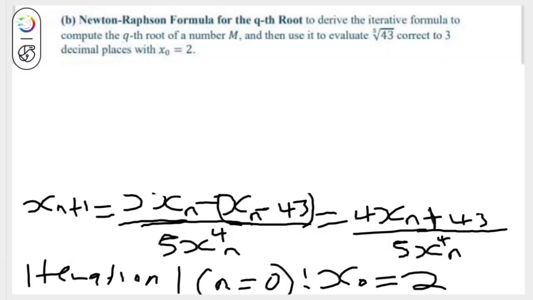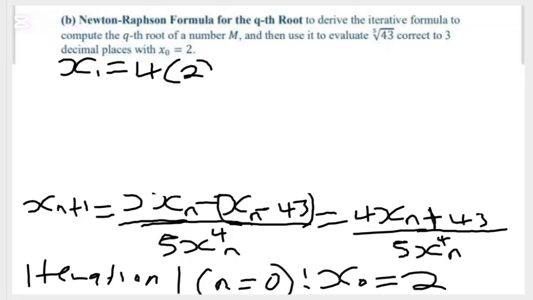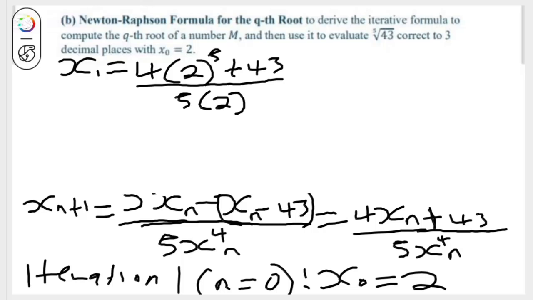So from the first iteration, when n is equal to 0, 0 plus 1 is 1. So x1 is equal to 4 multiplied by, when x is equal to 2 from the question, 2 raised to the power of 5, plus 43, divided by 5 multiplied by 2 to the power of 4.